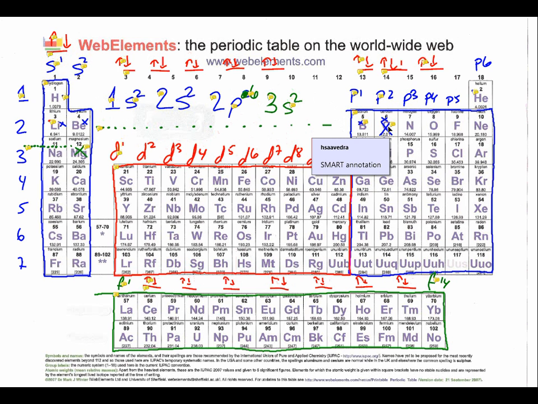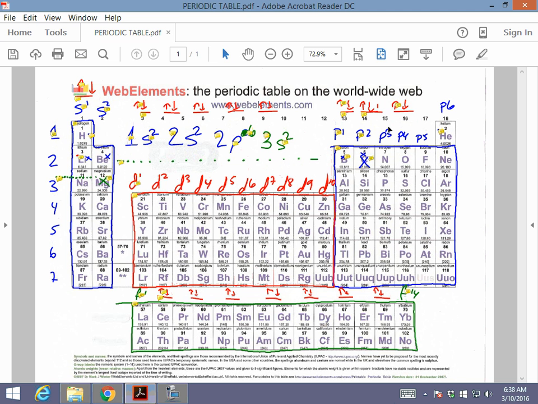Let's look carefully at what we have over here. These numbers here represent certain things. The 1 represents the energy level.